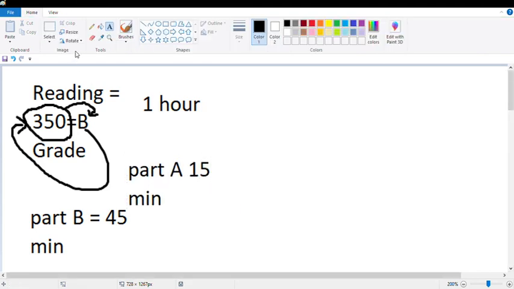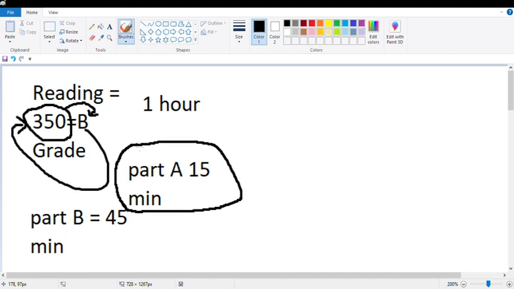What is the meaning of this? They will give you a paper and start the timer for 15 minutes. That means you only have 15 minutes to complete your reading part A.